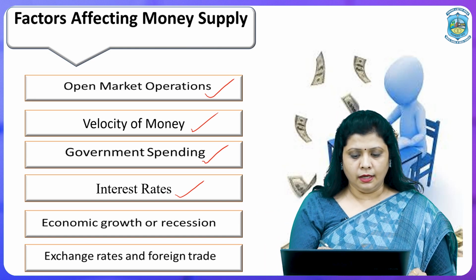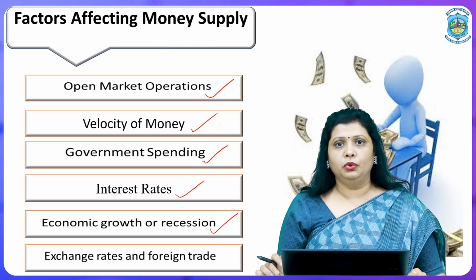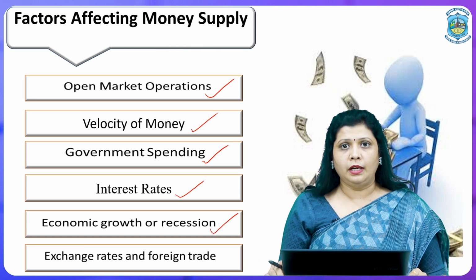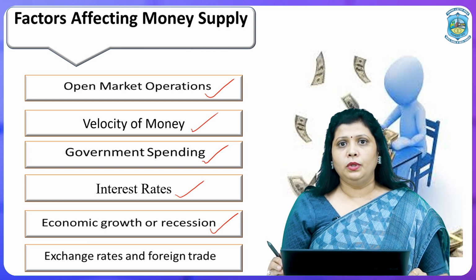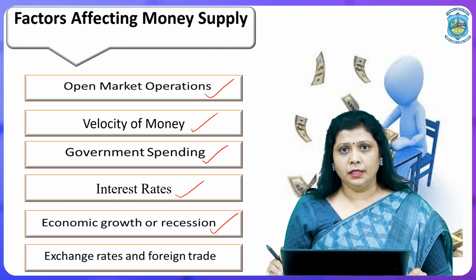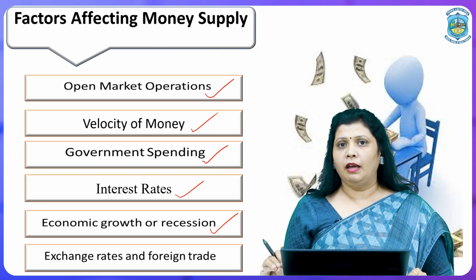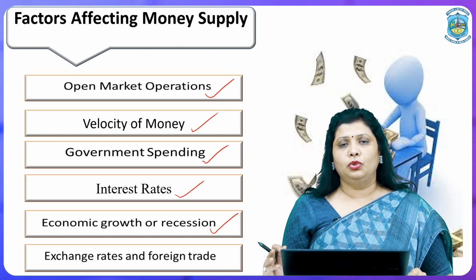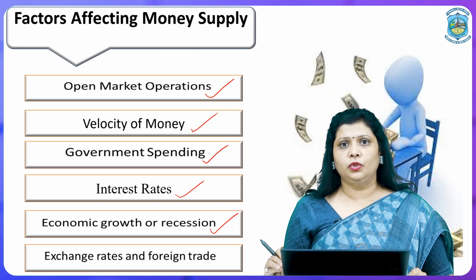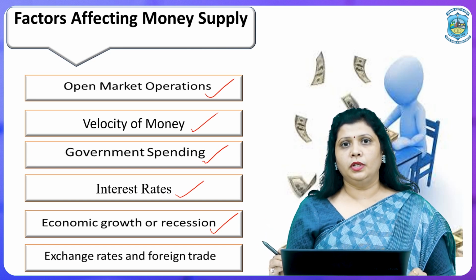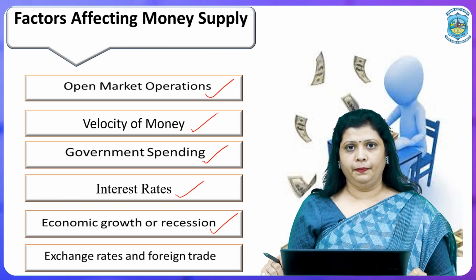Next is recession and economic growth in the economy. In a recession, people don't have purchasing power, they reduce their demand, and they have reduced resources, so they are unable to create more money supply.